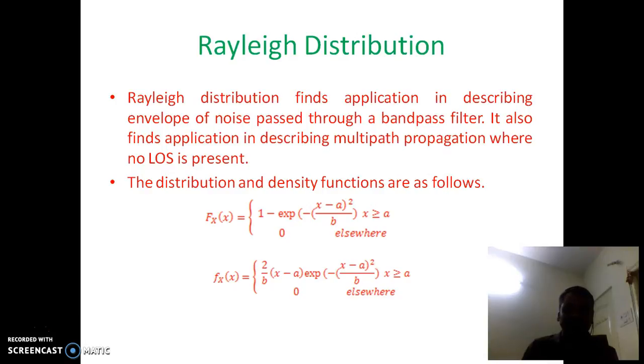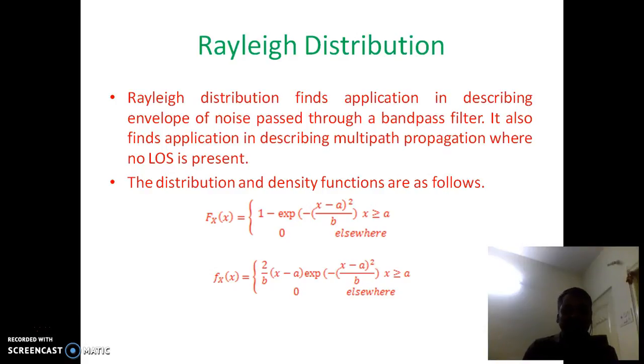Capital Fx of x is equal to 1 minus exponential of minus (x minus a) the whole square divided by b for x greater than or equal to small a, and 0 elsewhere.